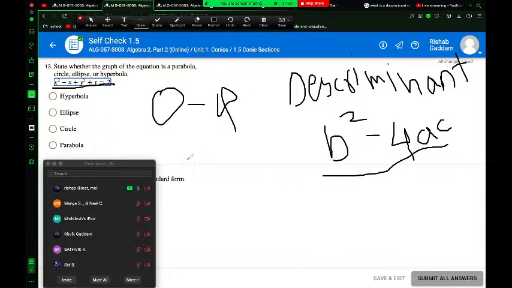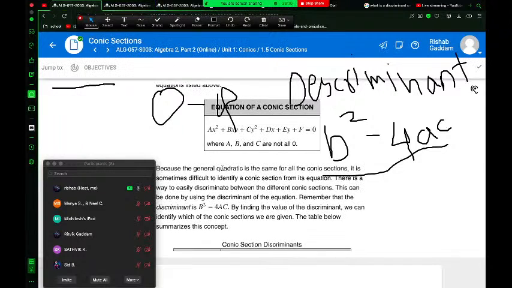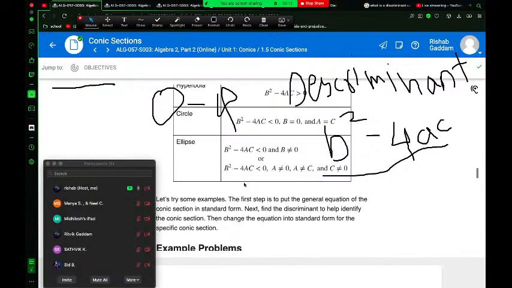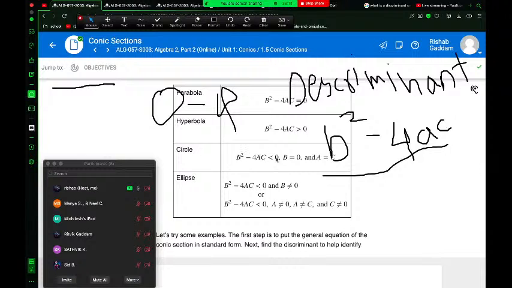And since it's less than 0, we have to look back at the notes, because there's actually two things that are negative numbers.